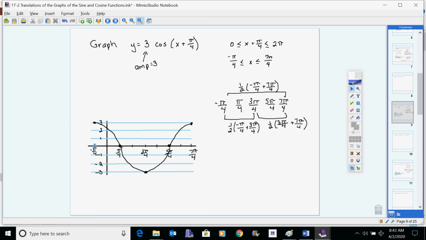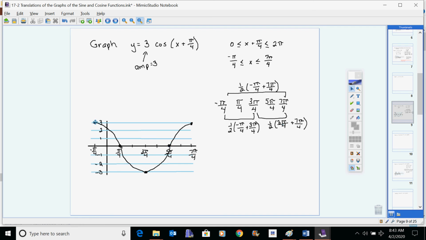So negative 1/4, 0, 1/4, 2/4, 3/4, 4/4, 5/4, 6/4, 7/4. Just so that you've got a nice look to your graph. You're going up 3 and you're going down 3. Remember, in the case of the cosine, it's this value and this value, which is going to be where your baseline is.